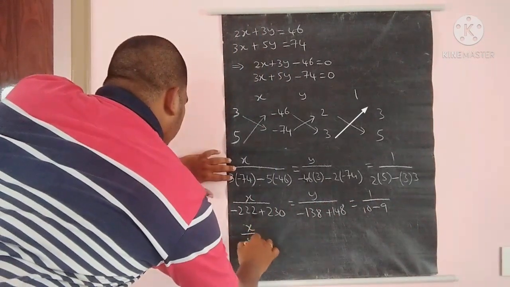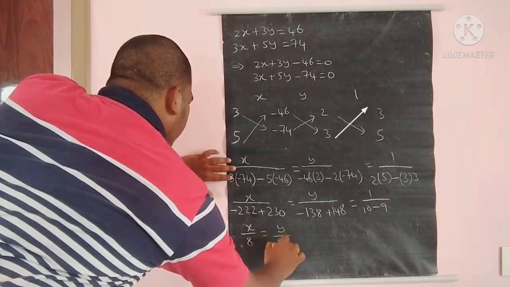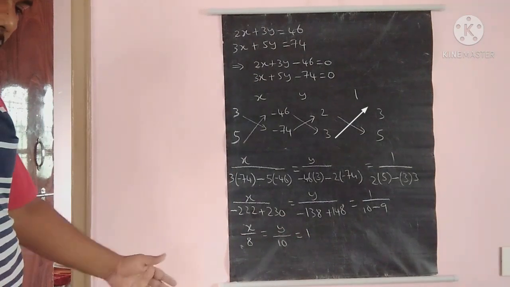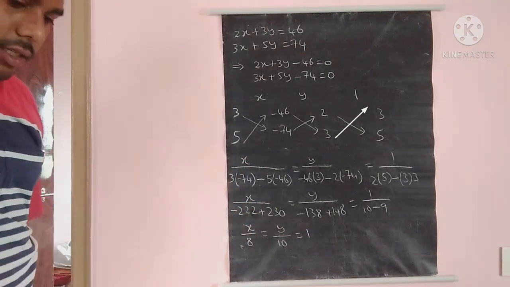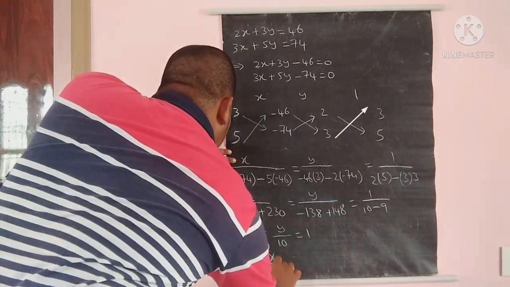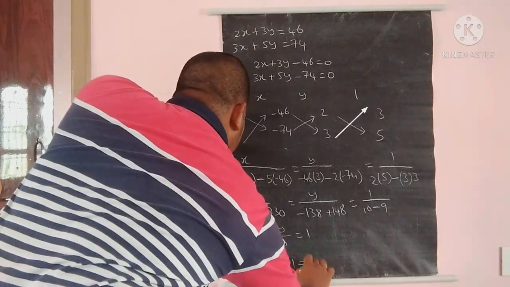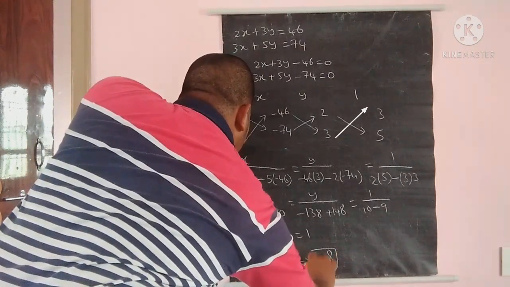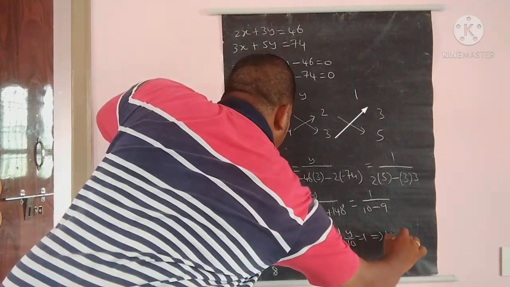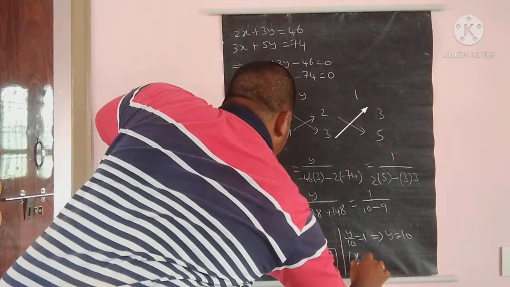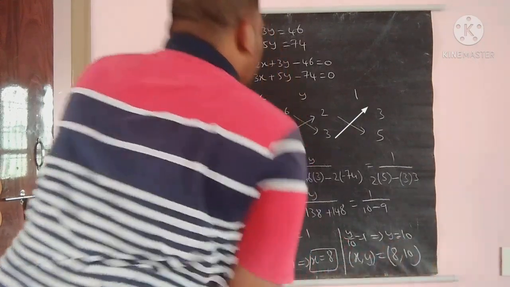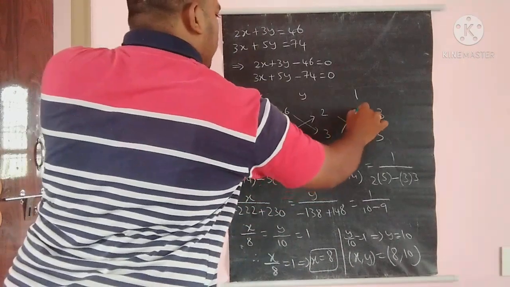So x by 8 equals y by 10 equals 1. From this, if you equate, you will get x by 8 equals 1 and y by 10 equals 1. Therefore x by 8 equals 1, that implies x equals 8, and y by 10 equals 1, that implies y equals 10. So finally x comma y is 8 comma 10. Like this, with the help of the diagram we can find out.